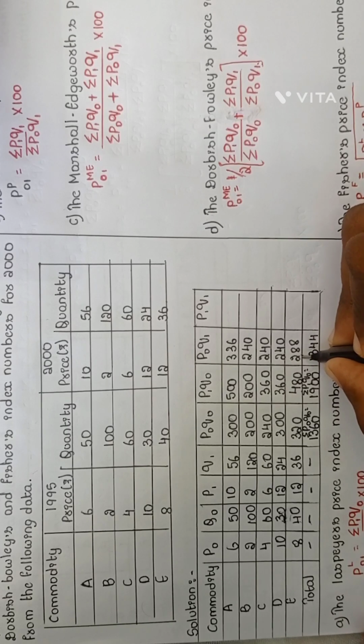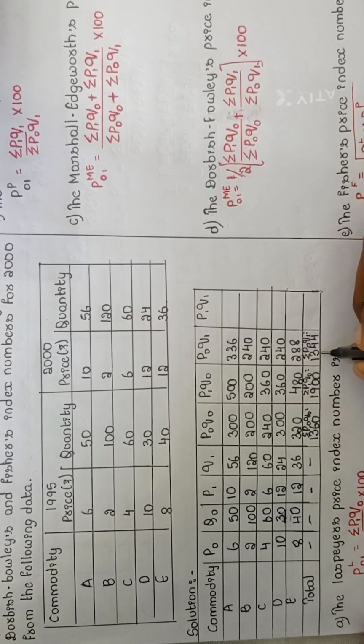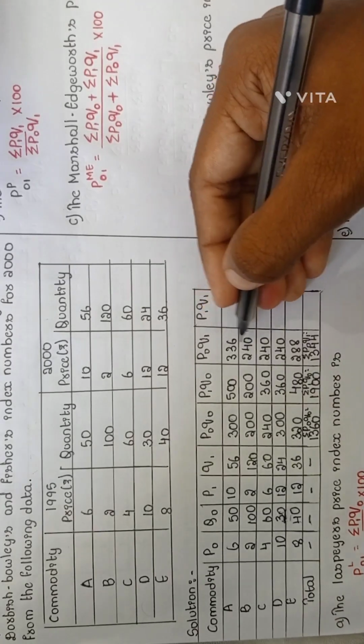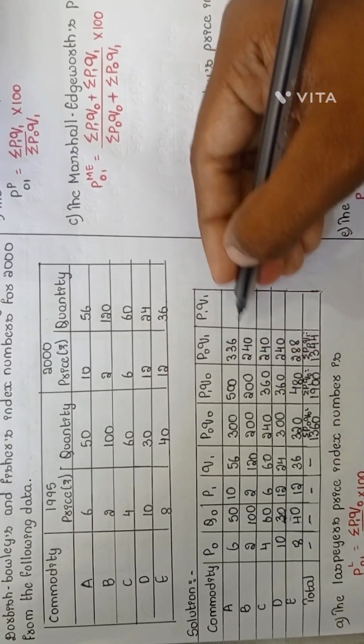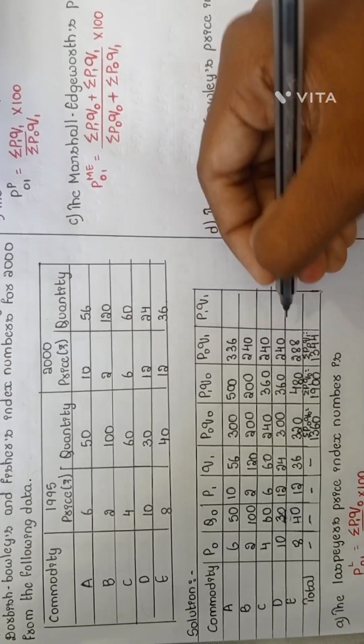So this will be represented as summation P0 Q1. How we got 1344? We have to add all these items: 336 plus 240 plus 240 plus 240 plus 288.